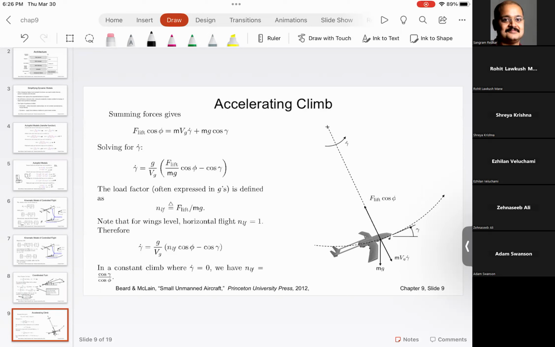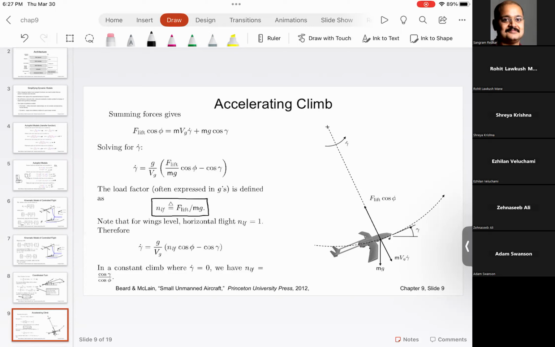So if you take gamma dot on one side, you get this equation, and that gives you something called the load factor.